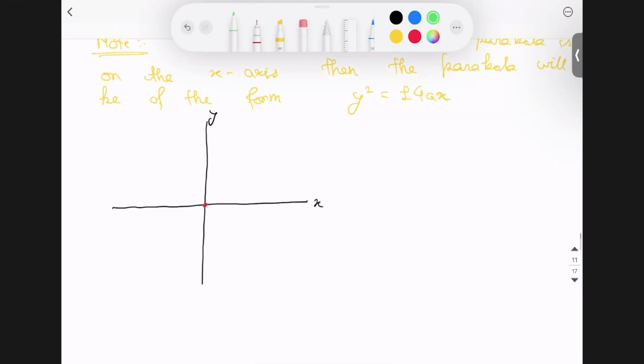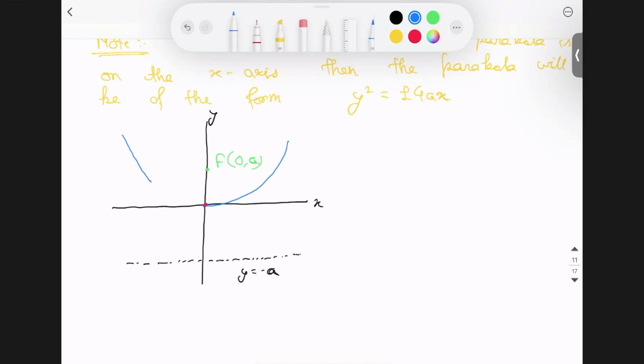Suppose this green point represents the focus, which will be (0, a), and the directrix will be here, opposite to the focus, and the equation of the directrix will be y equals minus a.